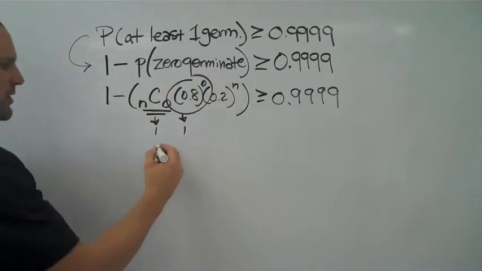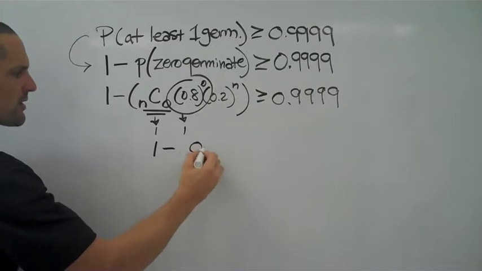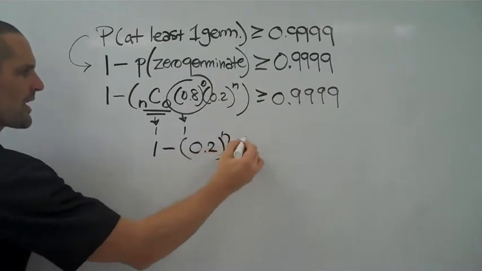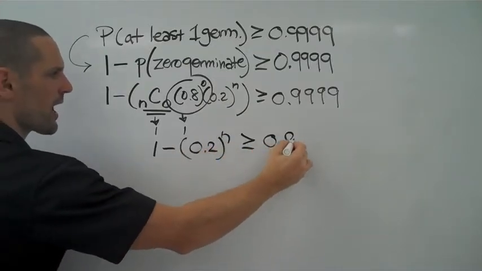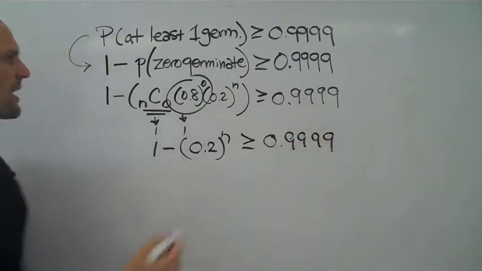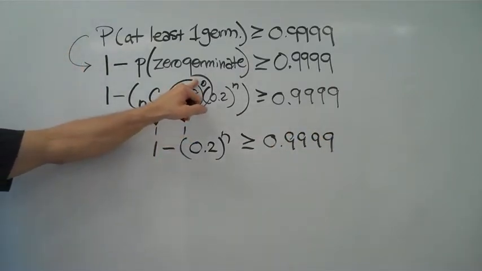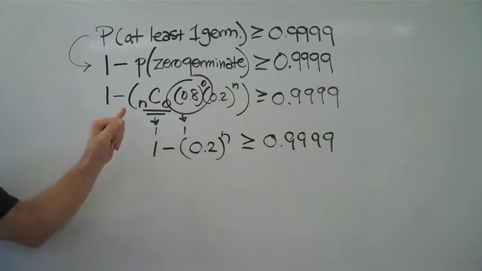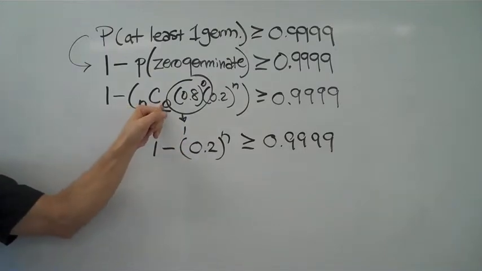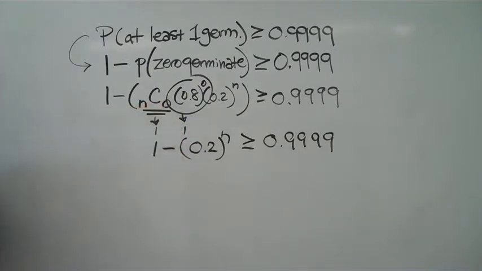So this simplifies to 1 minus 0.2 to the n is greater or equal to 0.9999. Notice 0.8 to the 0 is 1, and C0, anytime you see a 0 there, that's going to go to 1 as well.